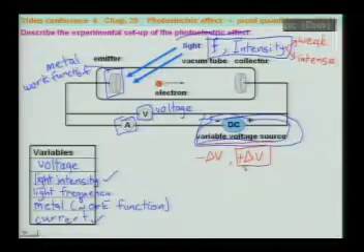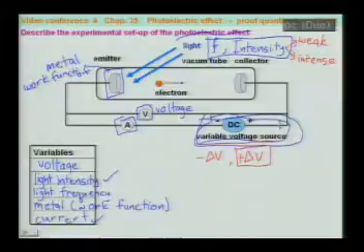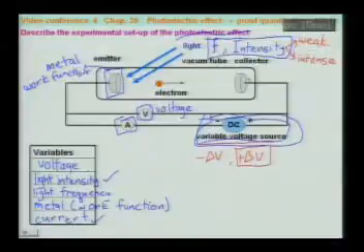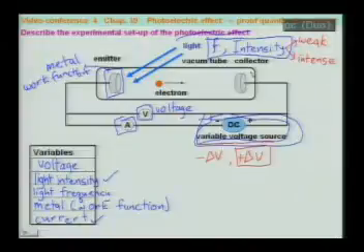If you would like our delta V to be positive, I mean the voltage in the circuit. Look at this. This one should be positive or negative? Positive.